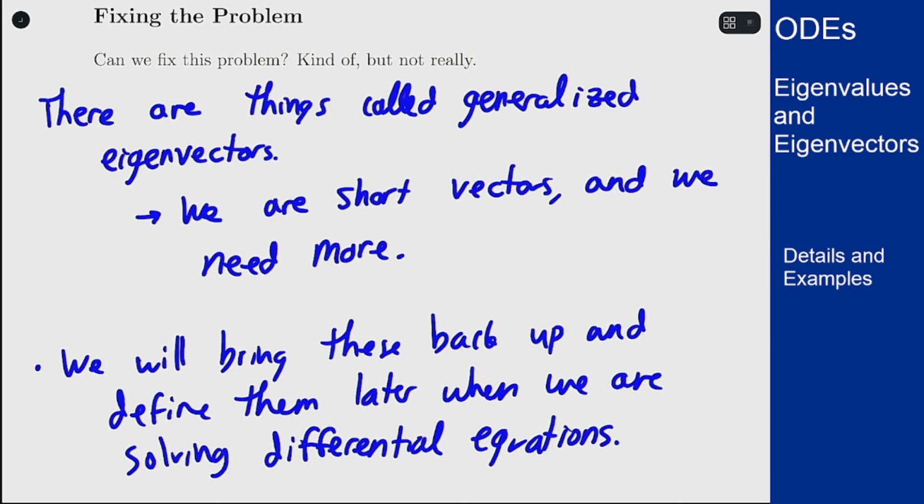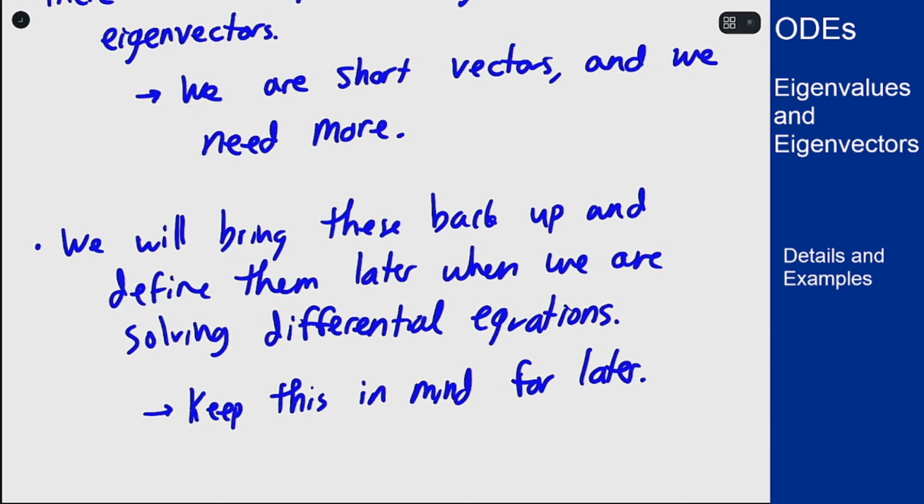We'll see when they show up and what they do. I'll give a hint: we're multiplying by t again, and things are going to work out, but we'll see it at that point. That's the idea of repeated eigenvalues and where they cause issues. We're not dealing too much with them yet. The point here is just to know that this exists, and it can cause problems with getting to this basis for Rn that we want. And we'll see more about how to fix this problem. We actually try to address it in the context of solving differential equations in the next chapter.